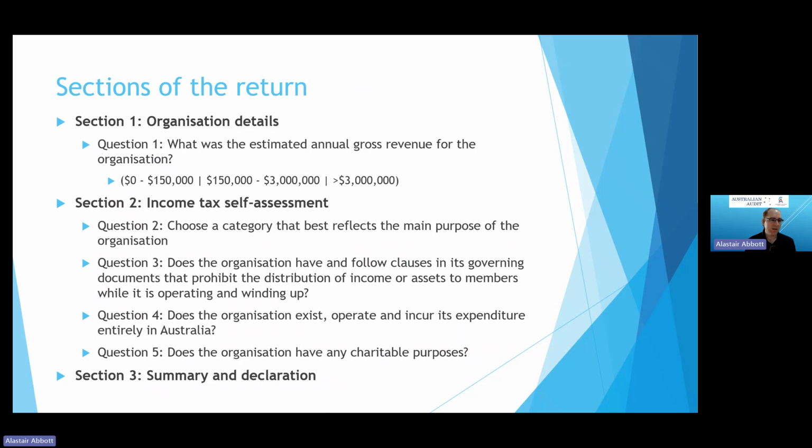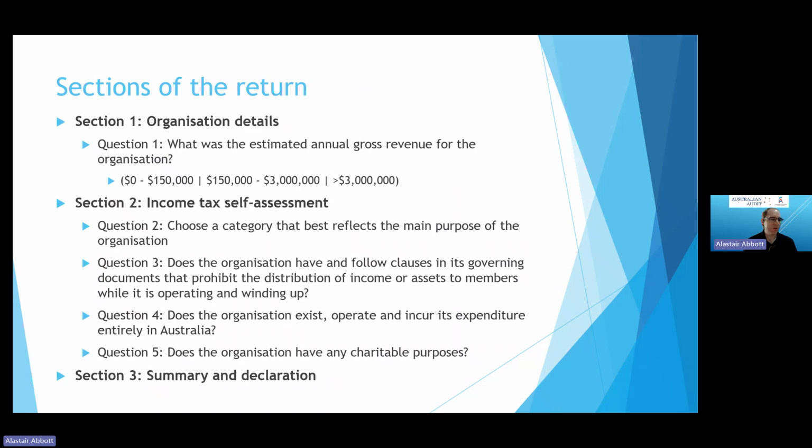So, questions that you need to work through, and if you want to be a little bit pre-prepared, on the ATO website they do actually have the question tree there, so you can read in advance what the questions are. Some of them are multi-choice and it'll tell you what the options are going to be as well.